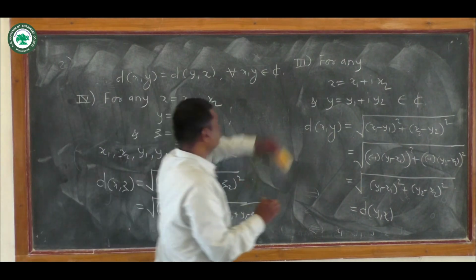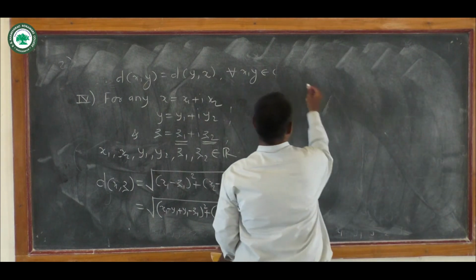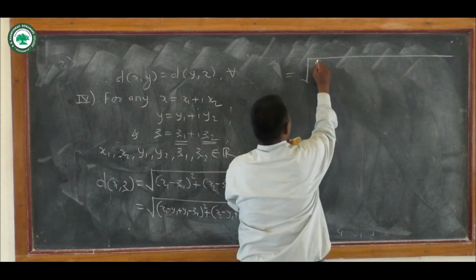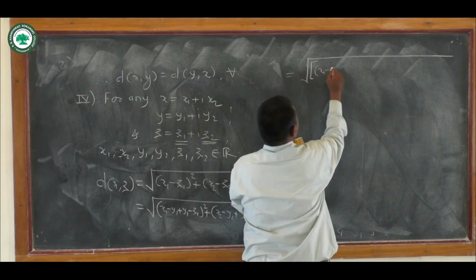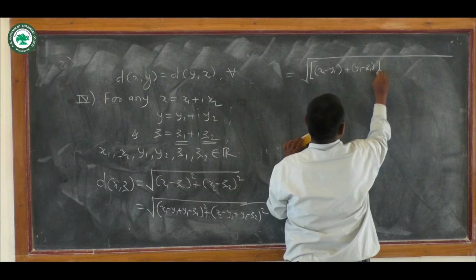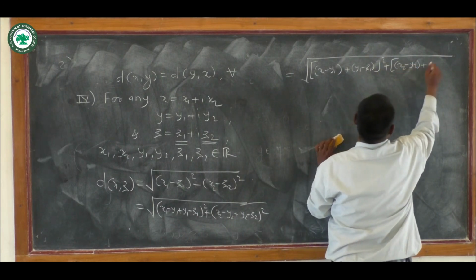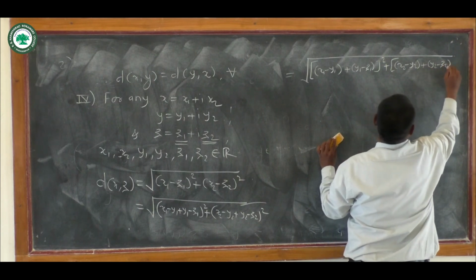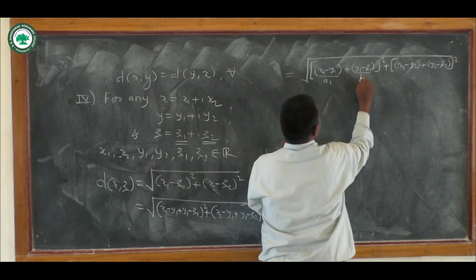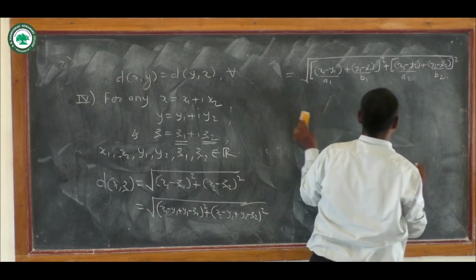So this is equal to square root of (x1 minus y1 plus y1 minus z1) square plus (x2 minus y2 plus y2 minus z2) square. Now say these are a1, b1, a2 and b2.